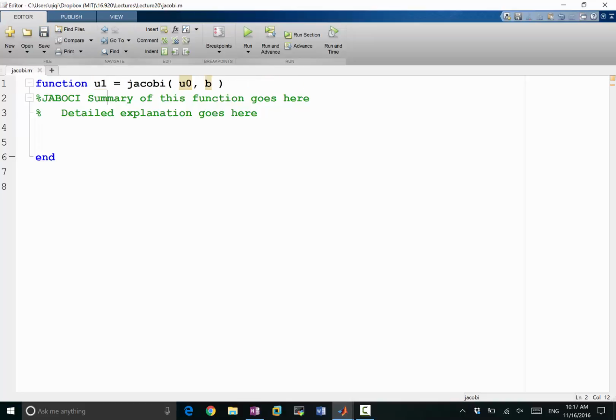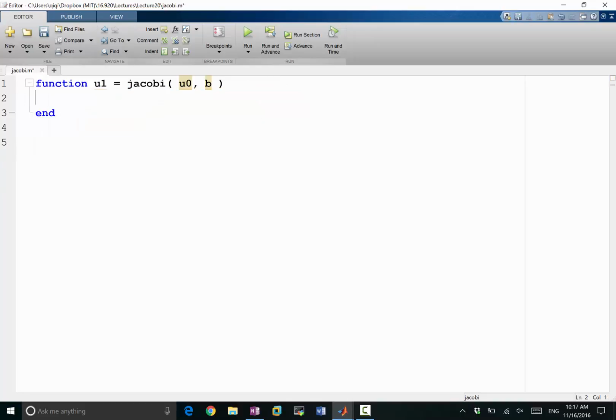Here, if we plug in uk to u0, we would get uk plus 1, right? So we assume that n is the dimension of the matrix.